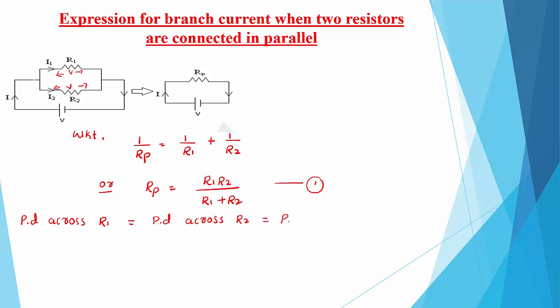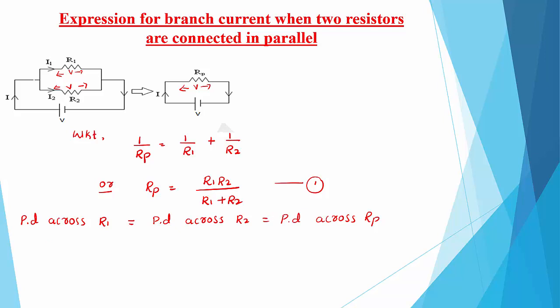Similarly, the potential difference across the equivalent resistance Rp is also the same, V. So the potential difference across R1, R2 and Rp is the same.